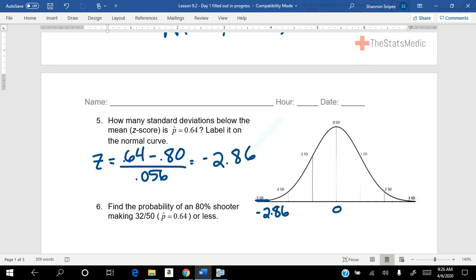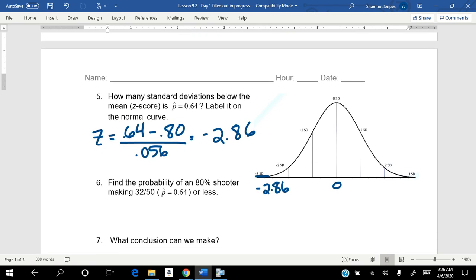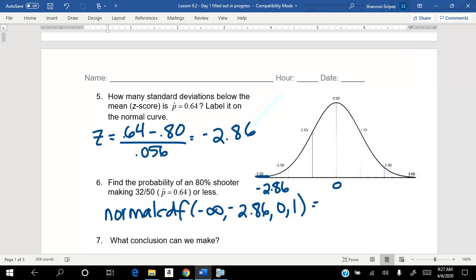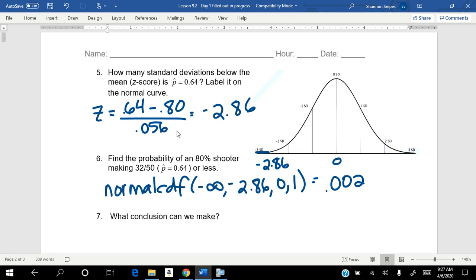Let's find the probability of an 80% shooter making a p hat of 0.64. This is where we do normal CDF, negative infinity, negative 2.86. If you type that in your calculator, you get 0.002. So what conclusion can we make? Well, that is very unlikely to happen.